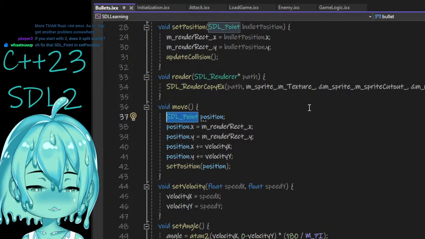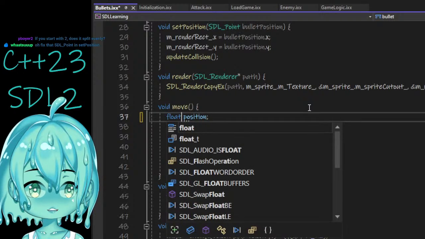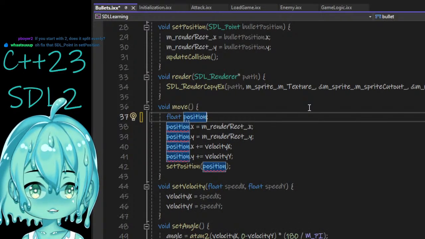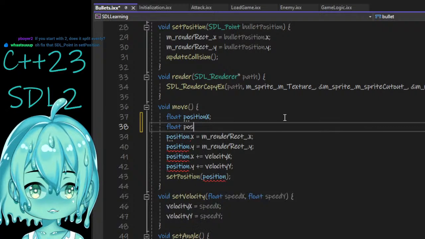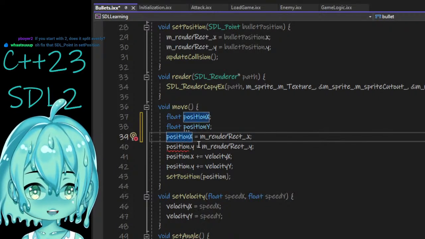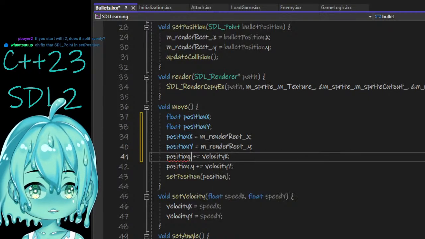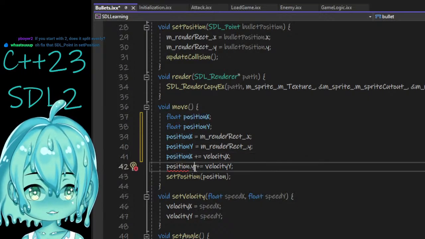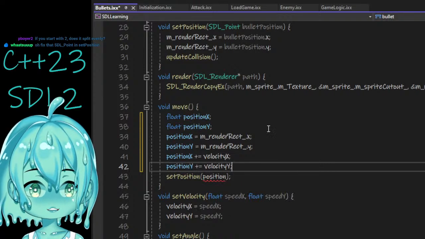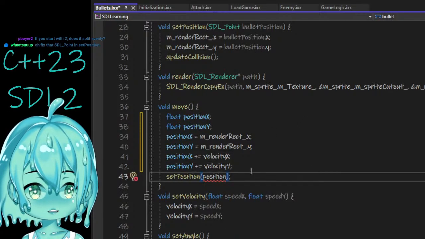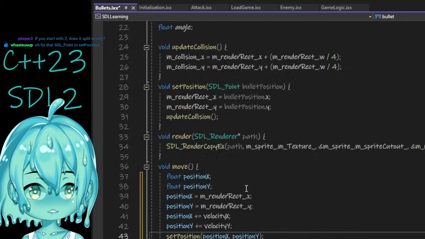So we should have float position X, float position Y, position X, position Y, position X, position Y. All right, let's see what that changes. And this is going to be position X, position Y, which is set position.